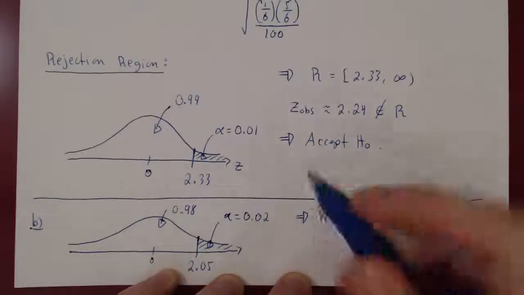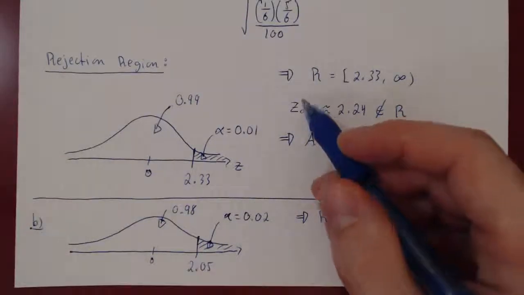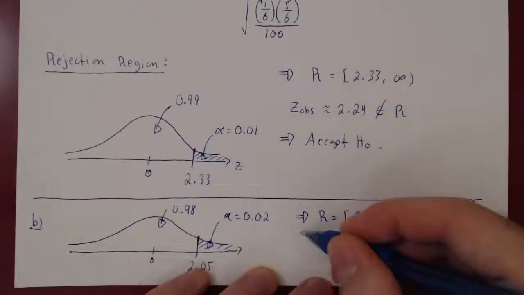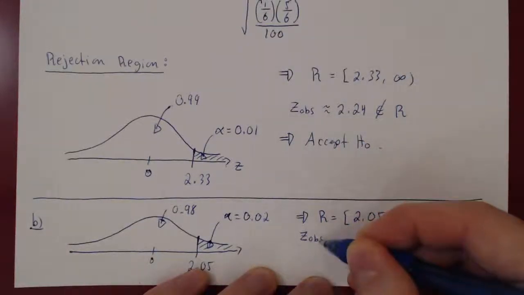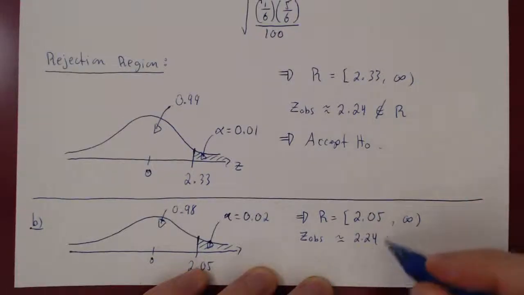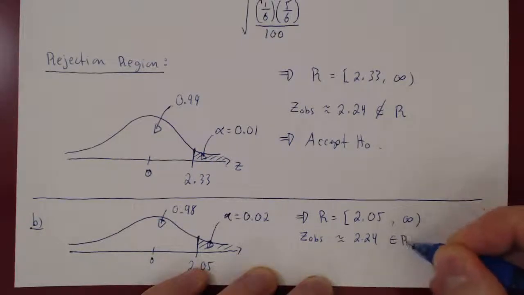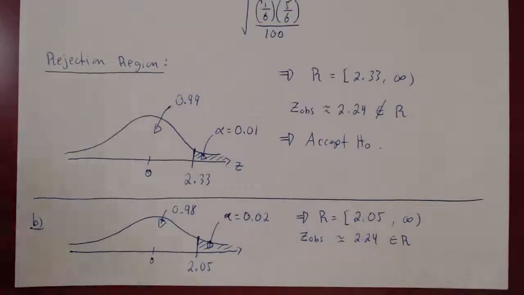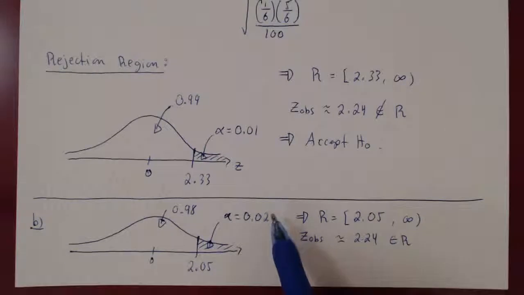As always, we ask, is our observed value of the statistic in the rejection region? Well, our observed value of z was roughly 2.24, which now is an element of the rejection region. And so once again, we ask, what does that mean? Well, this interval contains the larger 2% of values.